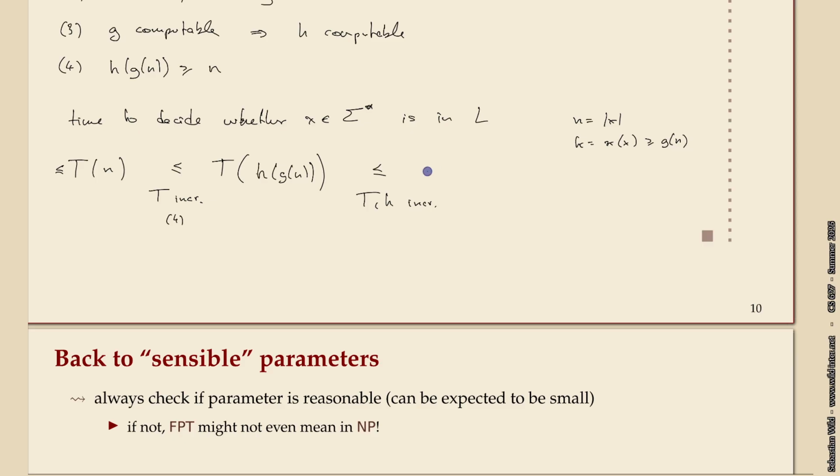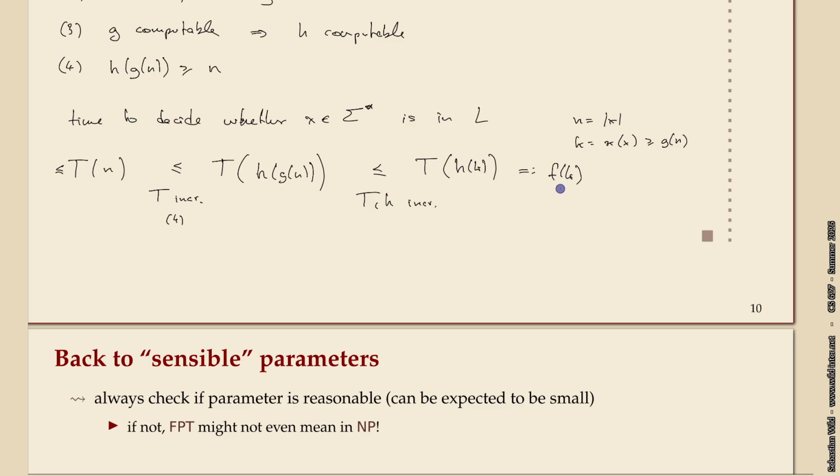And so that's upper bounded by h of k. And then that's all we need, because that is a function just of k. We haven't defined that function, but here it is.